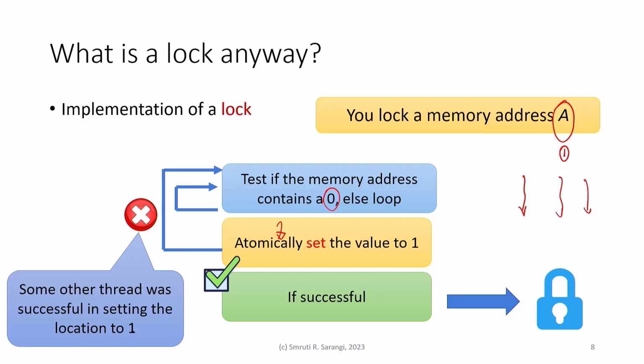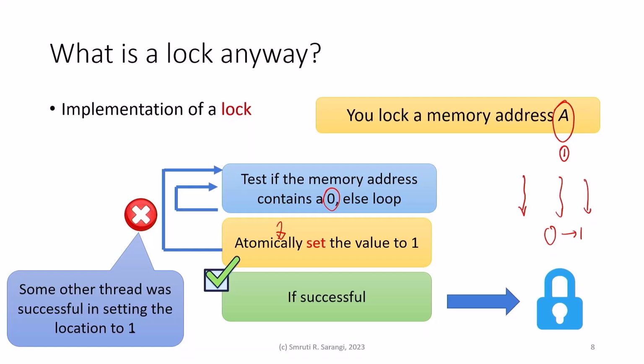So what every thread would like to do is atomically set the value in the lock address to 1, which means convert 0 to 1. Only one of the threads will be successful. When you try to atomically set it, the return value tells you whether you were successful or not.